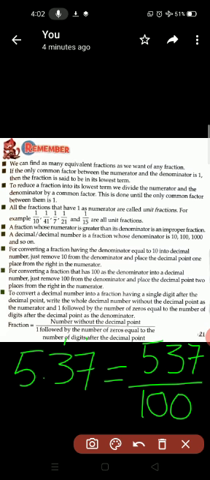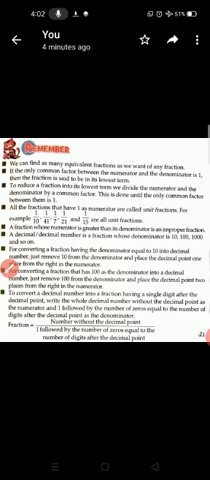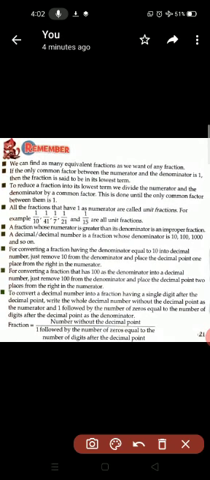Okay, take one more example. 1.027. How to convert this decimal number into a fraction?